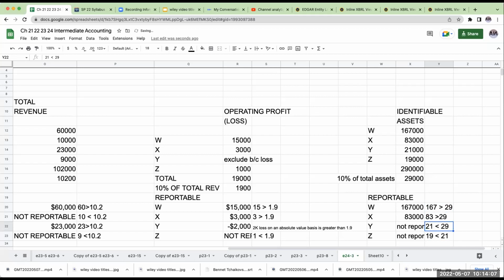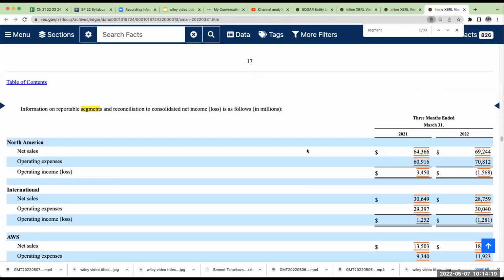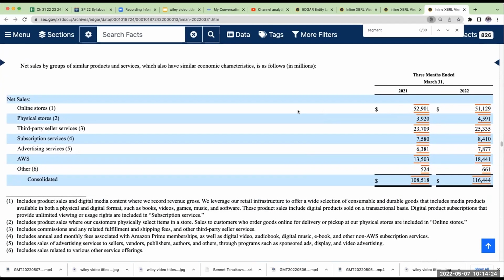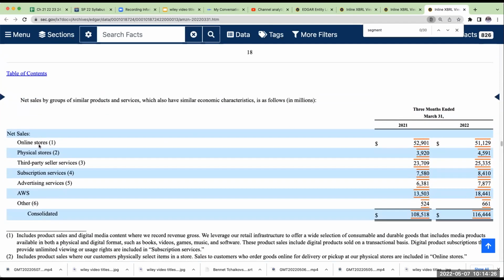So again, when we're thinking about segments, really think about it in terms of the investor. If we have a significant amount of our assets in a particular area or region, and even down over here, this is sales by online, physical stores, you can see their online slightly went down, no pandemic, but their physical stores went up slightly, and third-party seller services.